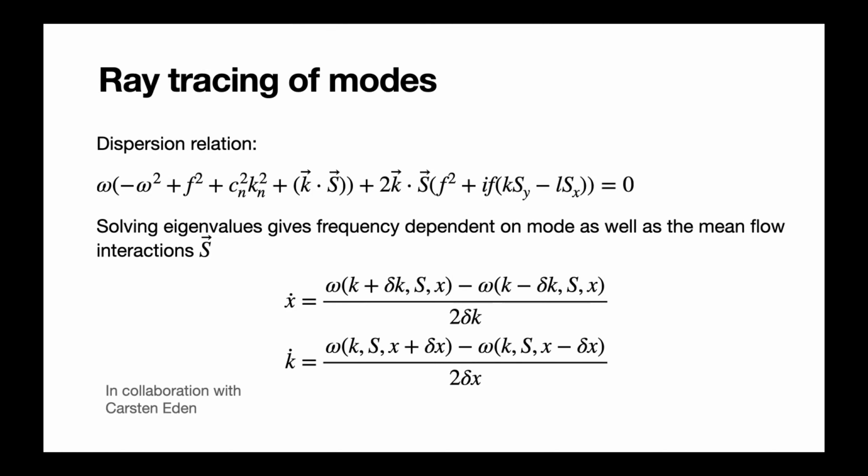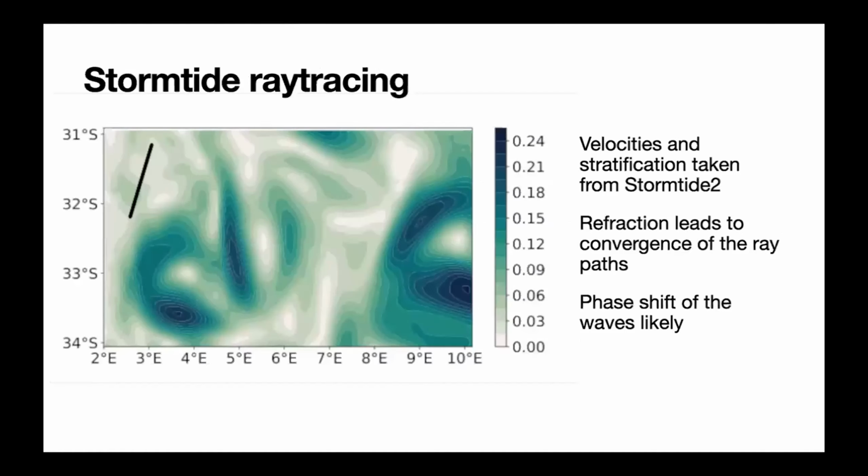So how the background flow interacts with my modal wave. And if you solve this, you can trace your rays both in the X domain as well as in the wave number domain, and see how both the spatial changes for each time step are, and also the changes in the wave number space, which would in that sense be your refraction.